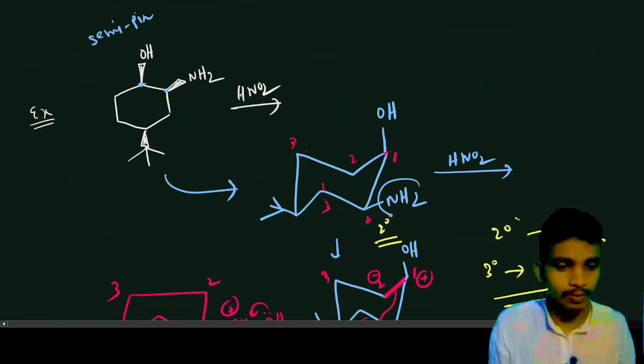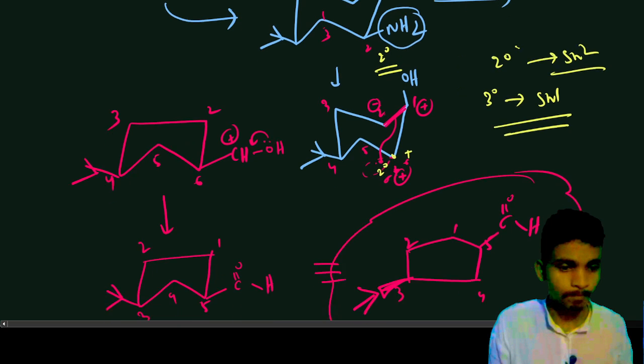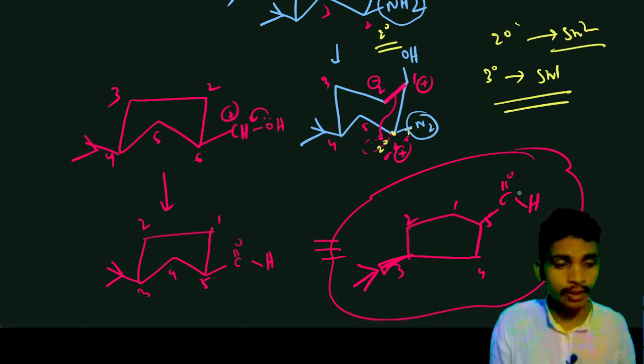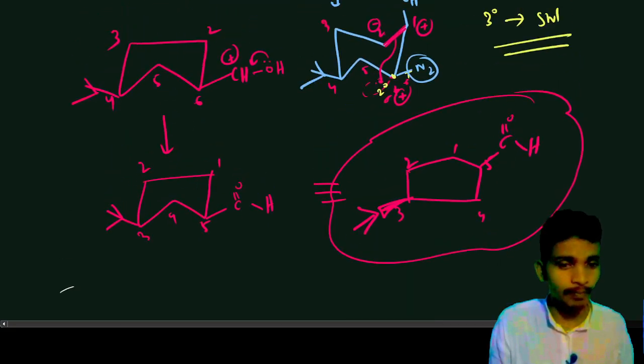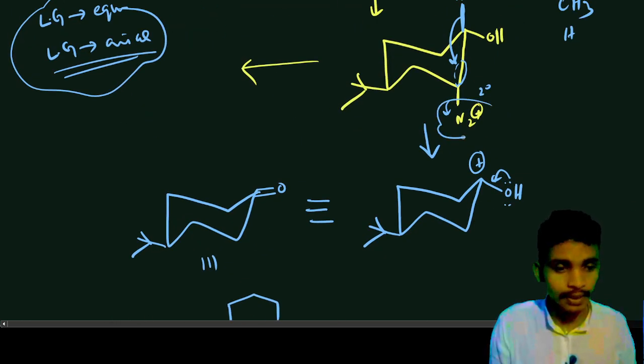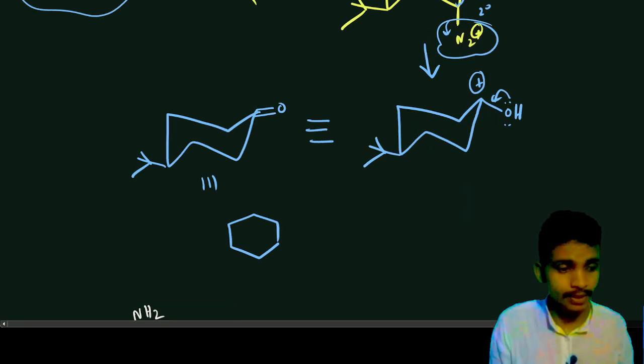This N2 gas is the leaving group. If the leaving group is equatorial, it was converting into a 5-member ring, because bond breaking is happening. But if the leaving group is axial, then no bond breaking will happen, and this will migrate. It means that it will remain a 6-member ring.